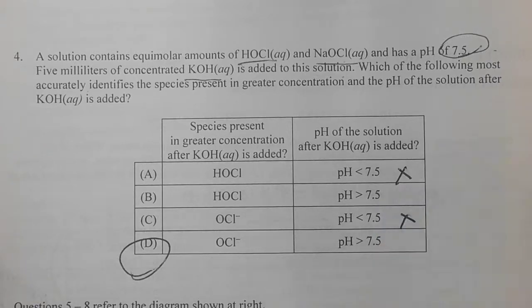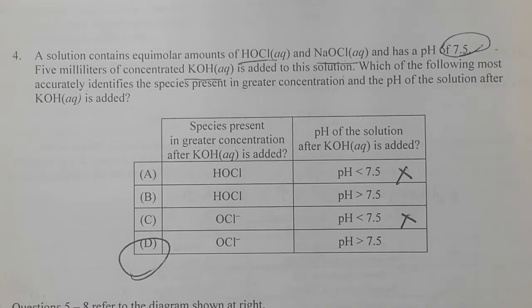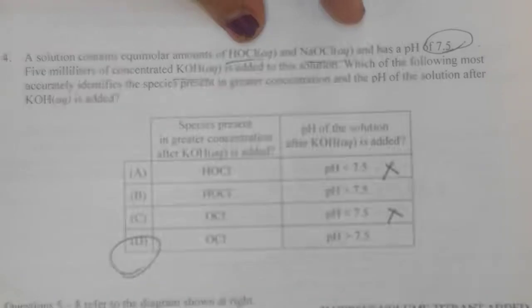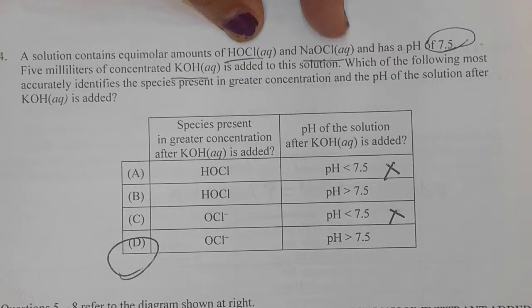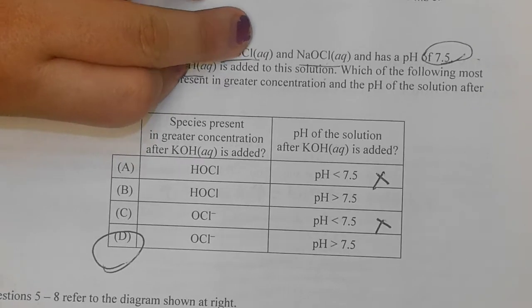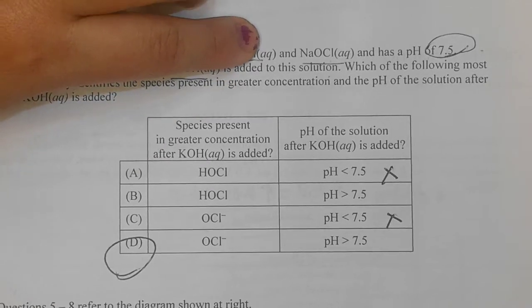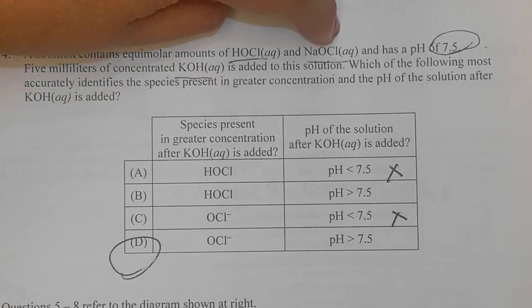So these two are wrong, and now we have to think. What is base going to do to these guys? This is going to react with this. That means this concentration should go down. Make sense? So the species that is greatest should be basic, this guy, the conjugate base.